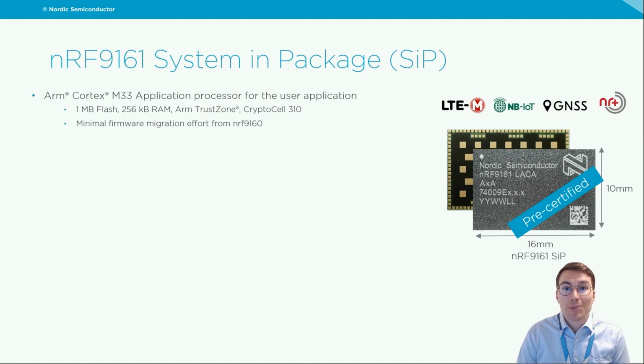So now to introduce the first device that is coming in the 91 series, it's the 9161. This is based on the same foundation as the 9160. So you have the ARM Cortex-M33 application processor, fully dedicated to your user application, with 1 megabyte of flash and 256K of RAM.